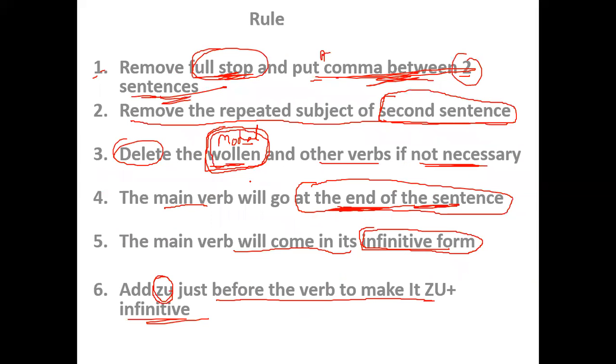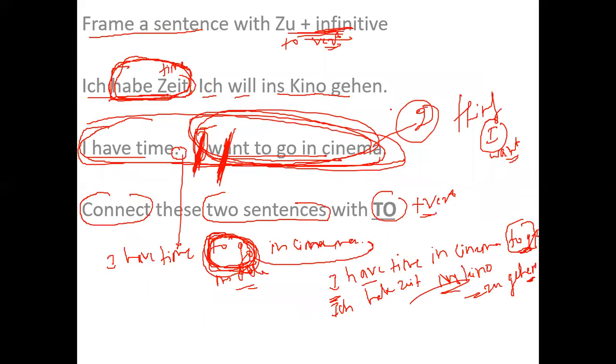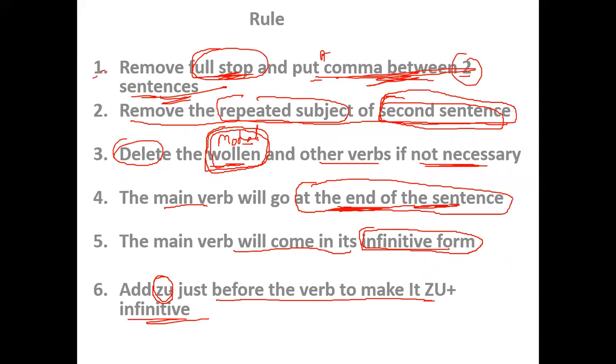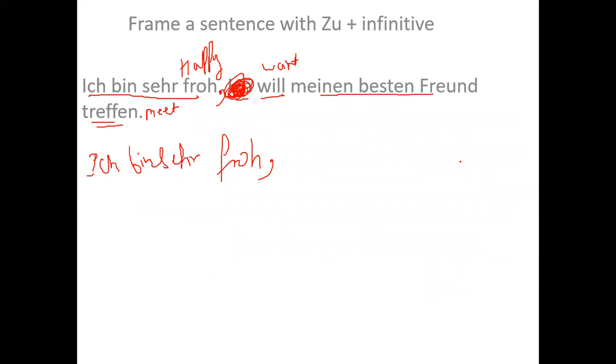Rule number 2 says remove the repeated subject of the second sentence. So whatever subject is coming in the second sentence, this "ich" I shall not write, this I must remove, right? So ich will not come. Now the third rule says delete the wollen verb, modal verb, and other verbs if not necessary, right?